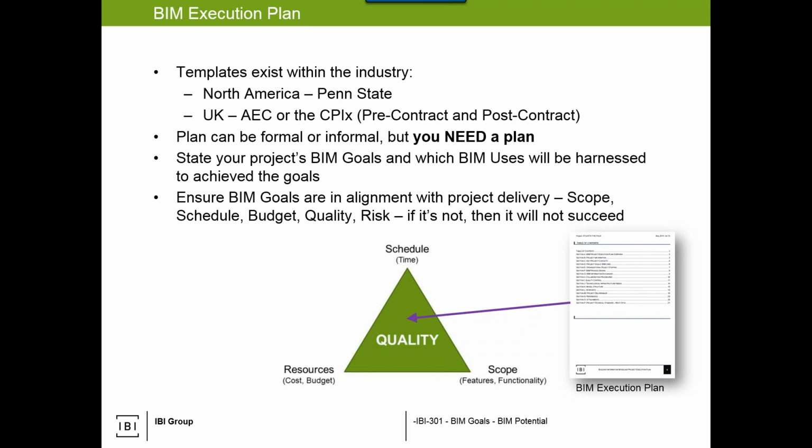So scope, schedule, and budget all have to be in equal partnership with the application of BIM in order to meet my quality requirements and mitigate the risk. They're all on the table. They're all convoluted and inherently tied to each other. Very important message: BIM cannot be in a vacuum when we're planning on projects.